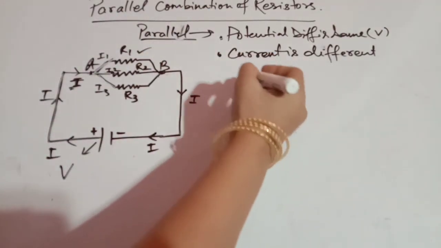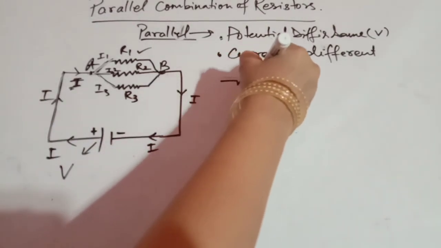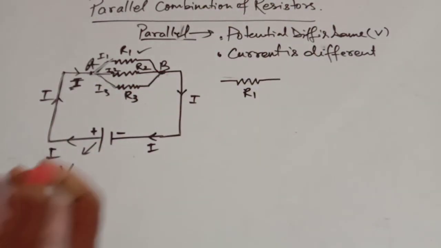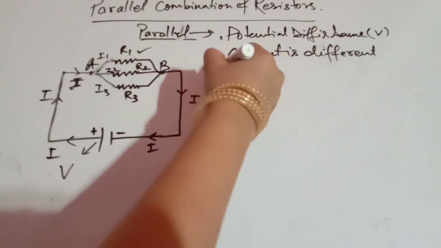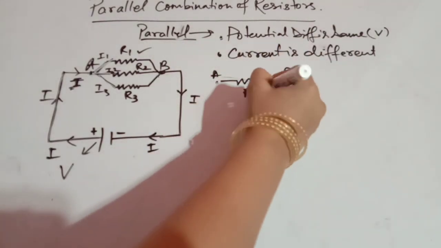Let's start with the first resistor, R1. Across the ends of the two terminals A and B, the potential difference is V, and the resistor is R1.